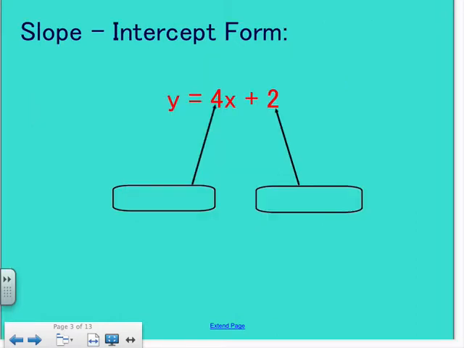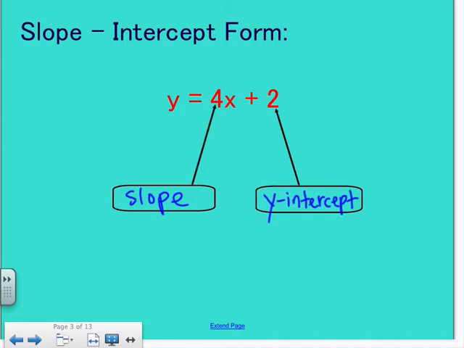All right, so this is an equation in slope-intercept form. It's the kind of equations we've seen most often that I've given you. It's called slope-intercept form because the coefficient of x is the slope. And then the other number is what's called the y-intercept. Now, think about what intercept means, right?